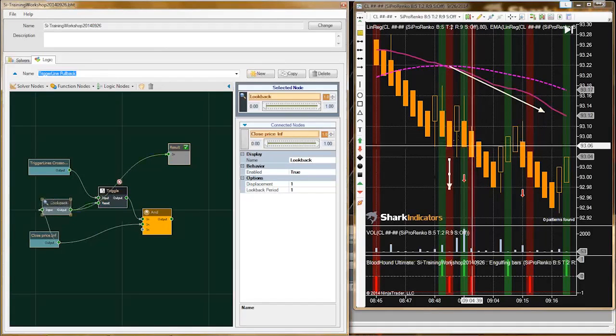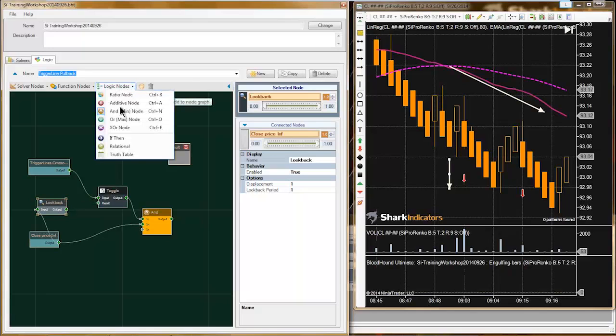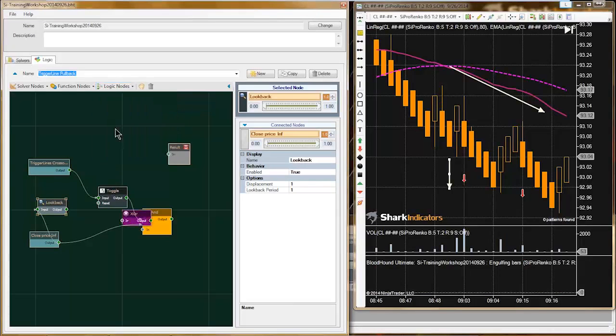Our reset signal resets on the same bar as the crossover. So we needed a way to kind of negate our reset signal here. And so I think I have a simple solution. Let's test this out. Let's use the XOR node.